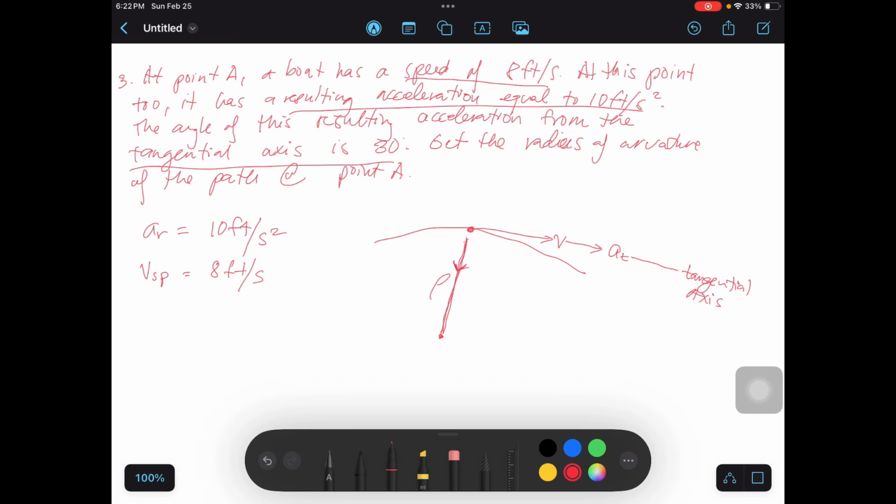Ganyan ang direction ni aN. Next, how will you draw yung given na resulting acceleration? So, syempre, resulting acceleration, it is in between ng aN and aT. Nandun si aR. Now, paano naman yung 30 degrees? Yung resulting acceleration from the tangential axis. So, ibig sabihin nandun yung 30 degrees. So, yan yung diagram ng motion ng boat.